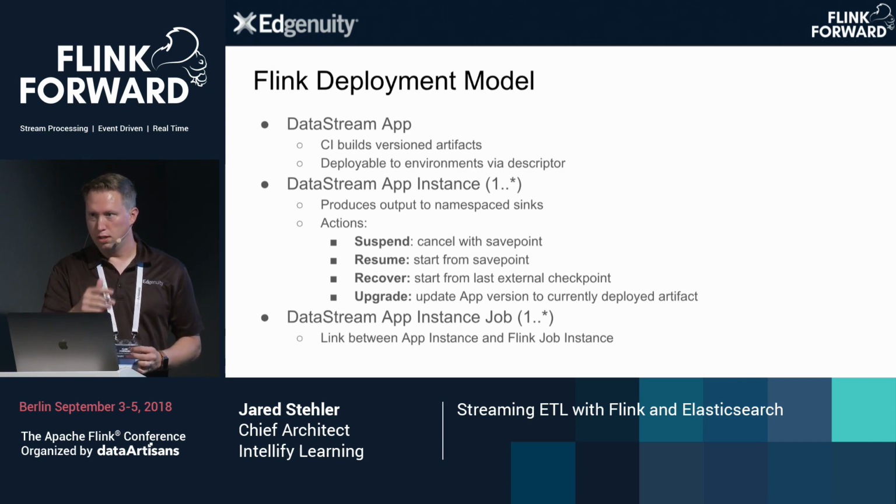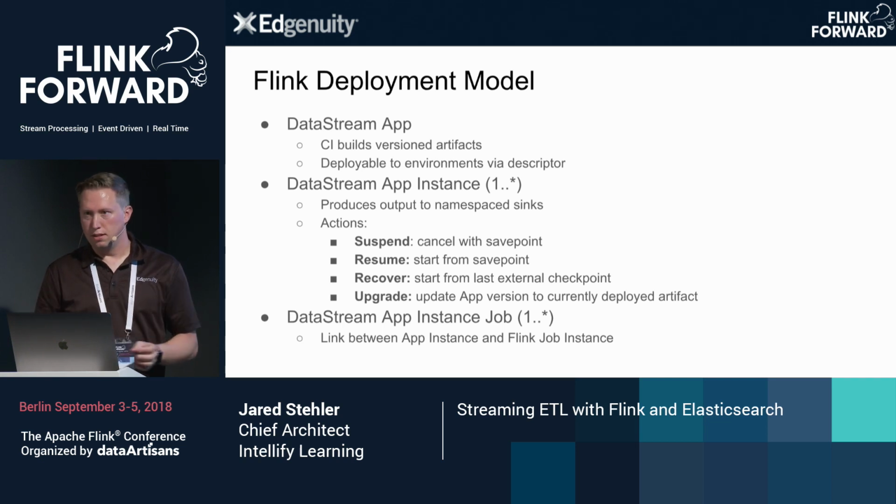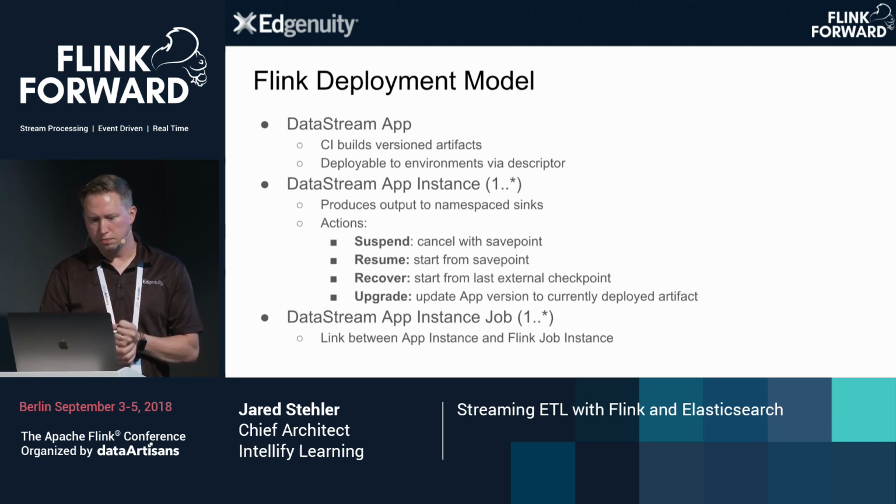That's how, with the ETL process I described earlier, we're able to iterate on those ETL jobs by spinning up multiple instances and seeing that they output into different namespaces that themselves become more or less immutable, where you're not going to have a separate job writing into the same data.